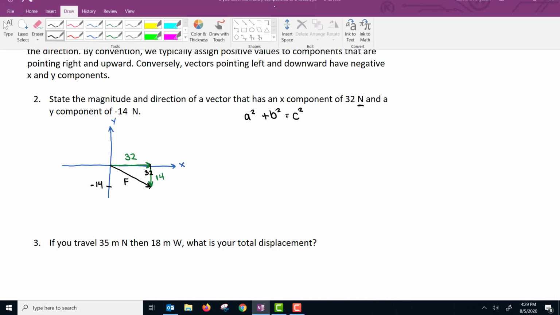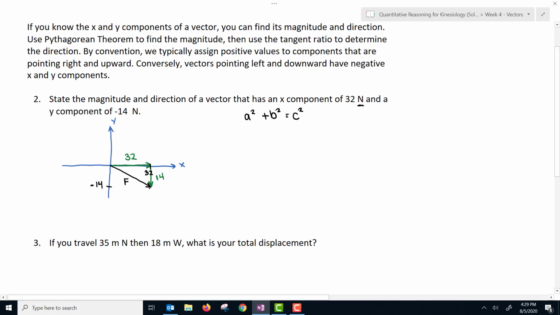Now when we're labeling our a, b, and c, the most important is that we know that c is always the hypotenuse. So our c is this hypotenuse over here. And the a and the b don't matter which one's which as long as it's not the hypotenuse. So I'll say this one's a and this one's b.